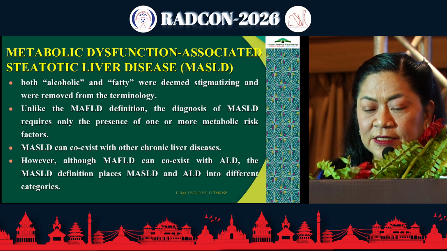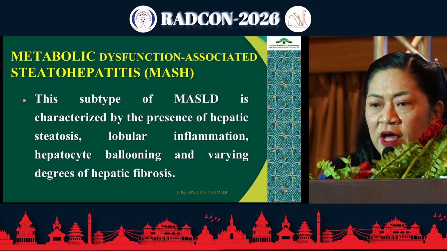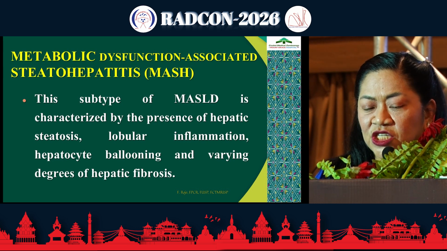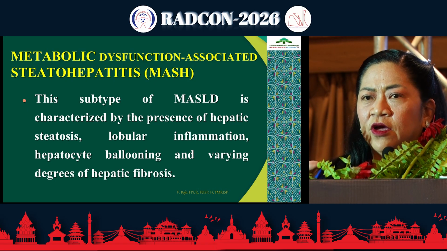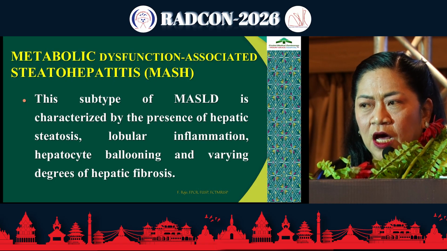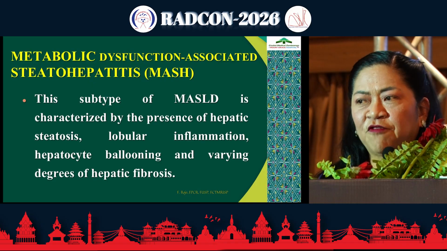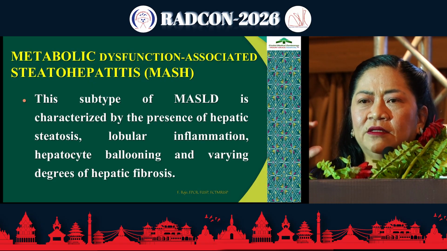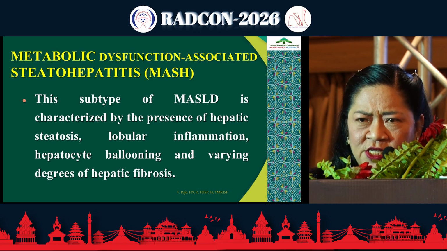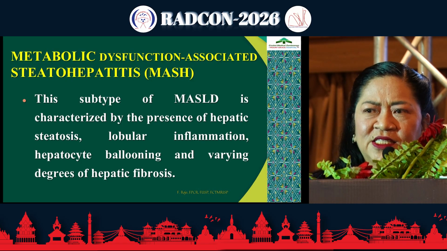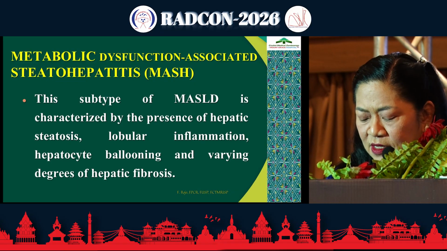And of course, the other one is the hepatitis. So MASH means your patient has hepatitis. These are the patients who have a chance of having fibrosis. By the way, the new technologies now that they're doing is they're now looking for viscosity of the liver, but that's still in process.